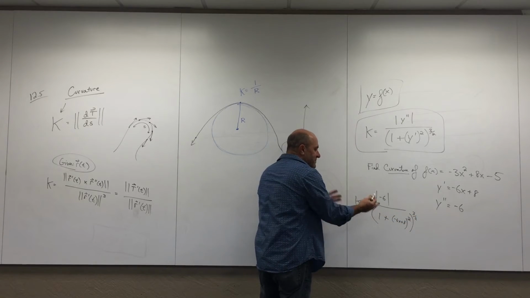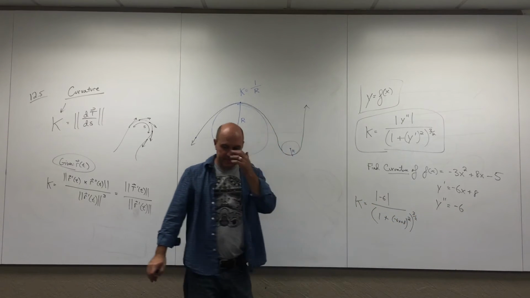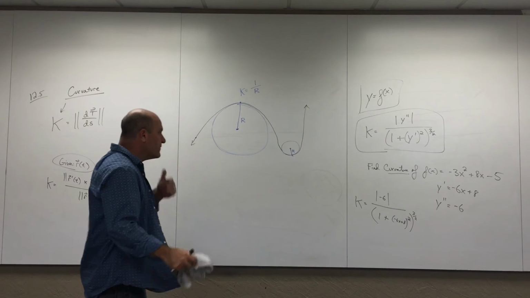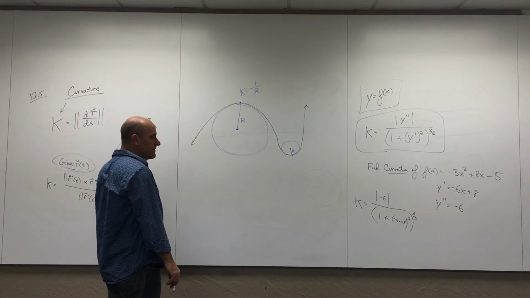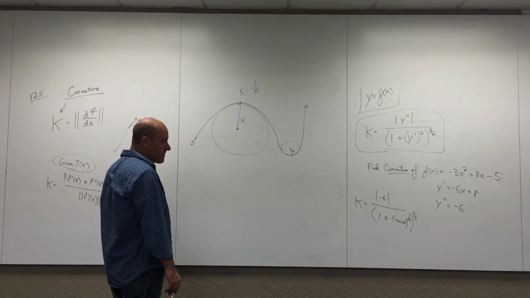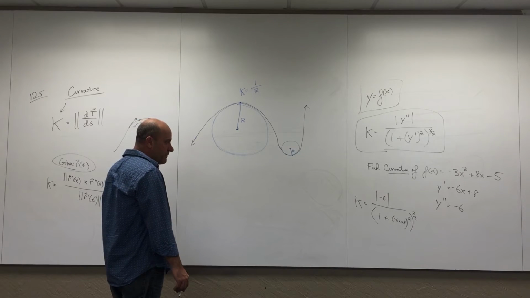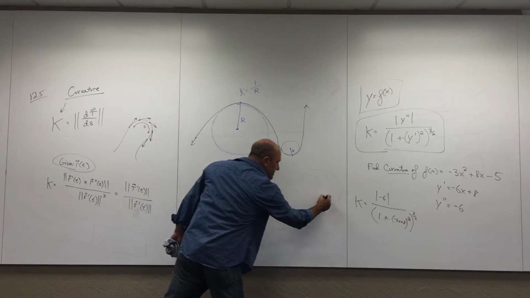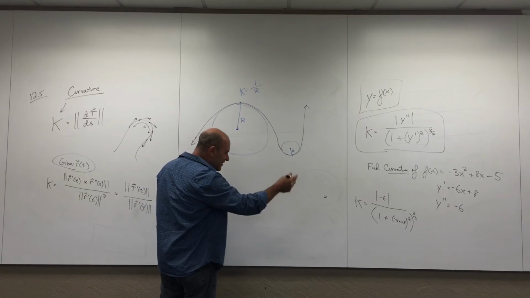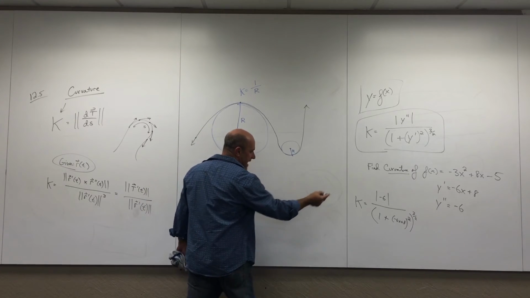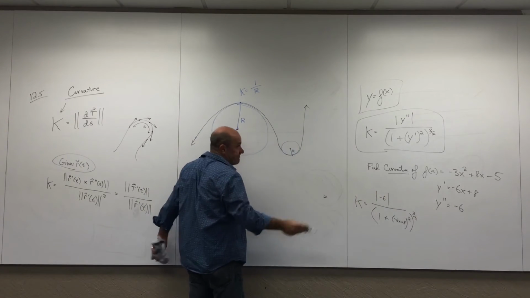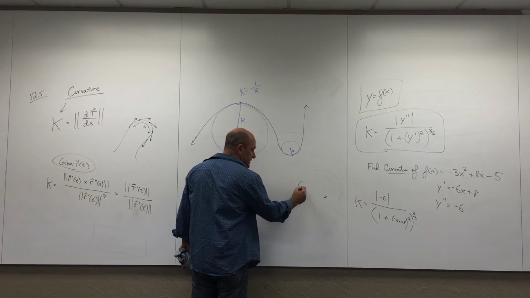Wow, that's my curvature function. Can I write it any cleaner, any better? Not much. The absolute value of negative 6 is clearly a 6.